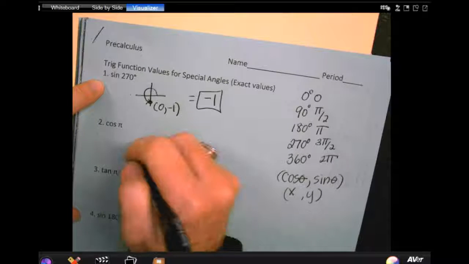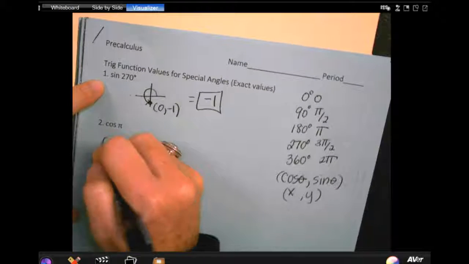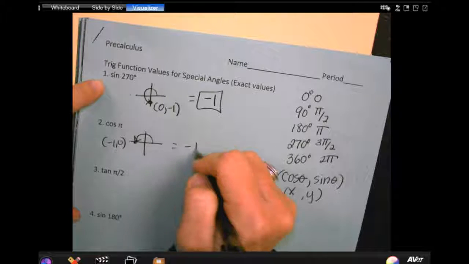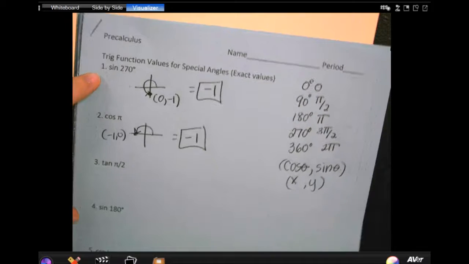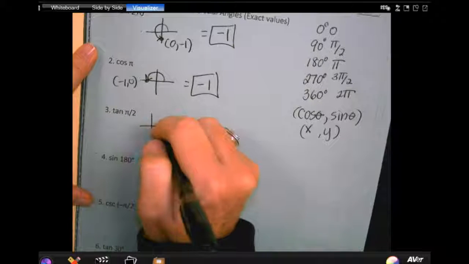So your cosine at pi, right here, the point right here is negative 1, 0. Cosine is the x value, here is negative 1. The tangent of pi over 2. So that's one of the quadrantals. That's right here.